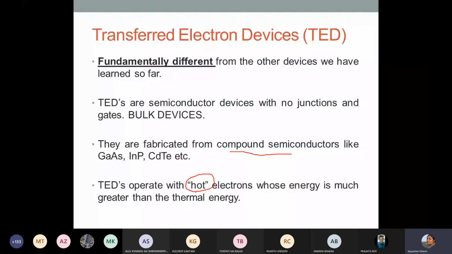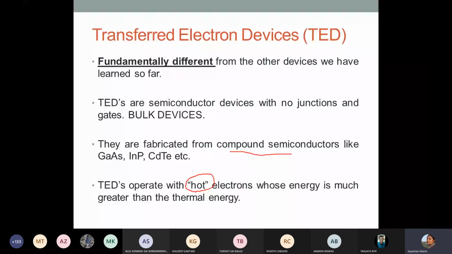If an electron has that much energy, we call that a warm electron. Our usual PN junctions function with electrons which have that much energy. Transferred electron devices, the gunn diodes that we will discuss from next class, work with hot electrons. Their energy is much higher than the room temperature thermal energy.